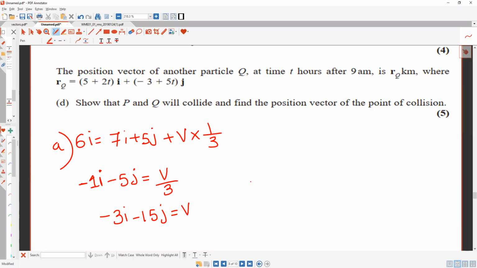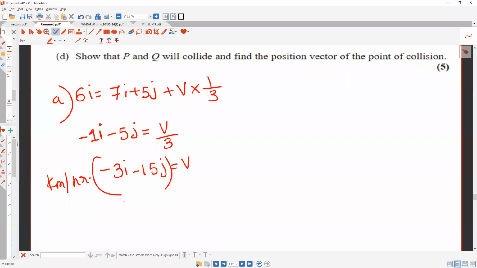All of you understood this? So this has to be a kilometer per hour answer. Let's check the mark scheme. Okay, guys, the answer is correct, but they said to find the speed. So we have to find the magnitude of v.